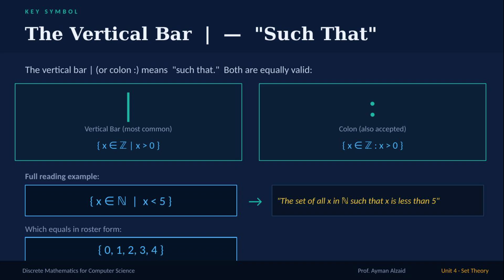The number 5 itself does not, because the condition is strictly less than. So the set equals the set containing 0, 1, 2, 3, 4. Notice the precision required. Less than versus less than or equal to gives a completely different set. Precision is everything in mathematics.